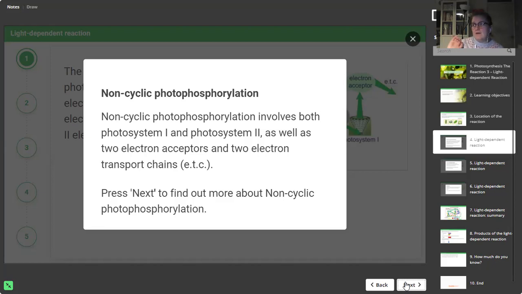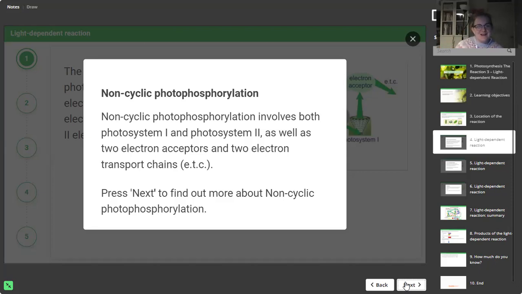Some people do like step-by-step processes, but I think a flowchart type of diagram is really helpful for this process. Then you can come back to it later and try to draw it from memory. If you've got bits missing, look back at your original, add them in, and keep practicing to get better. So the light dependent reaction has two parts to it.